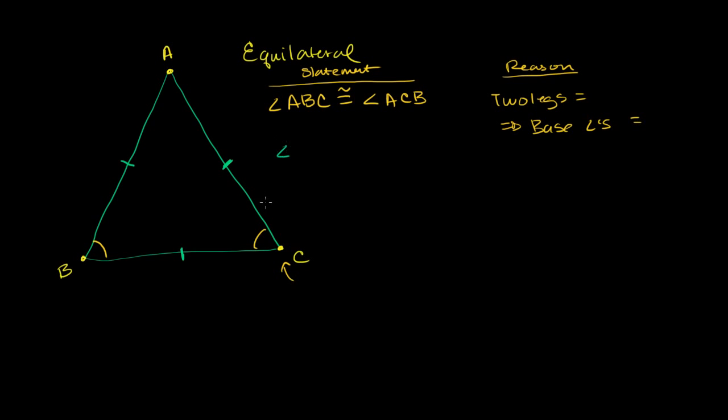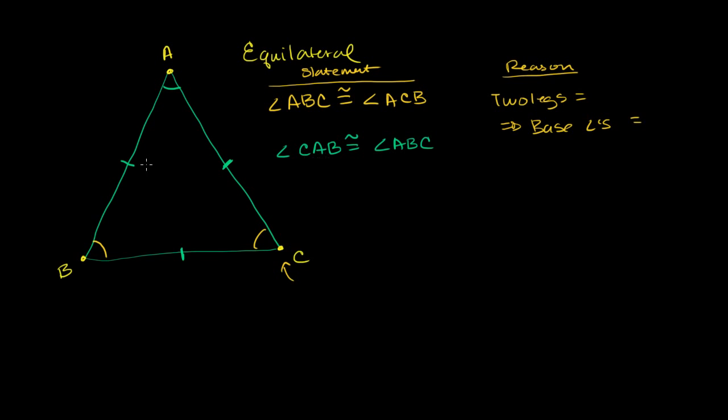So you could say angle CAB is going to be congruent to angle ABC, really for the same reason. We're now looking at different legs and different base angles. This would now be the base in this example. You can imagine turning an isosceles triangle on its side, but it's the exact same logic.